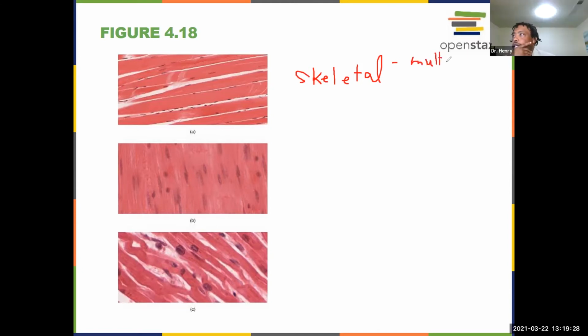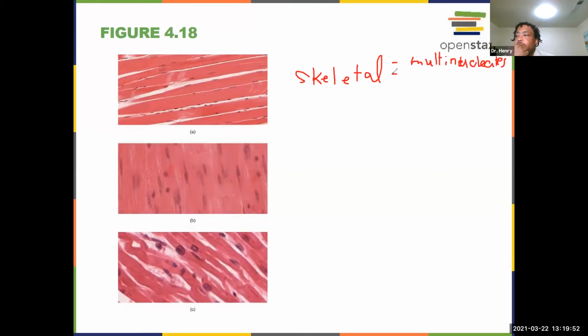Some unique structural features are that they're multinucleated, or have multiple nuclei. That's shown here in these nice little black structures on the edges.